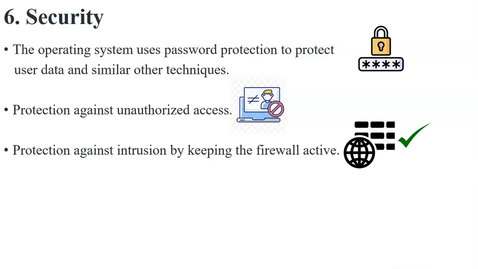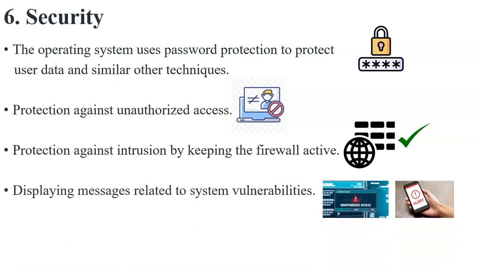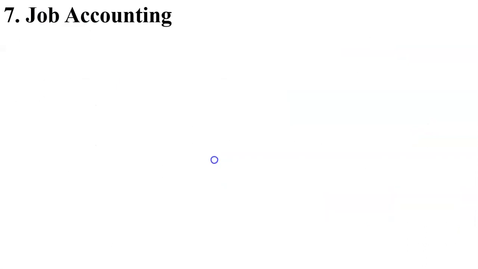So continuously we are keeping the firewall active so that the outsiders who are trying to intrude into the system will not be able to do that. Then displaying messages related to system vulnerabilities. So if there is some malicious activity that is going to take place, or some vulnerable things that are going to happen, at that time the messages or the alerts are sent.